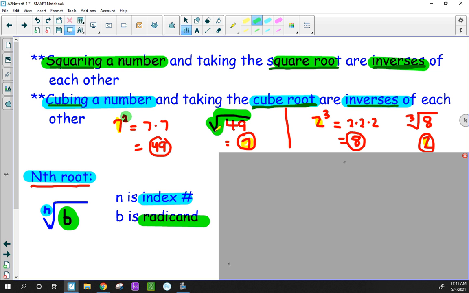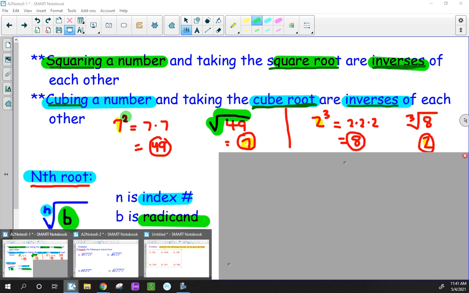When you just see the radical symbol written, and there's not a little number here, it is always 2. And the radicand was 49 in this problem. In this problem, the index number is 3, where the radicand is 8. Just making sure you understand the language, the vocab, because I will be using those words often.